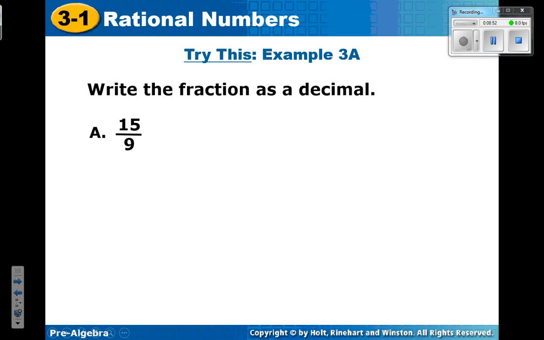Here's another one, numerator divided by denominator. Numerator goes inside, denominator outside. Go ahead and work through the long division. When you get a remainder, you have to add a decimal point and bring down a 0. Continue your division. We still have a remainder.